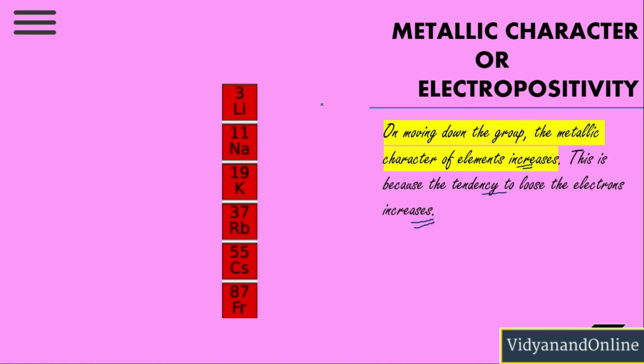This is because the distance between the nucleus and the outermost electron becomes very high, and that is why there is less attraction between the nucleus and the electron, and therefore it is very easy to remove the electron from the outermost shell.